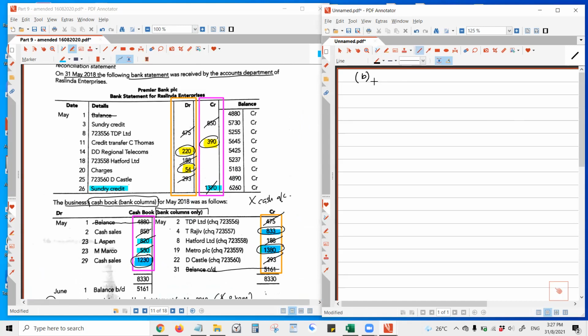B, then draw the lines, draw the cash book bank account. I write in short form, cash book. Okay, so start with that 5161, the latest balance in the cash book. Then here write balance BD.